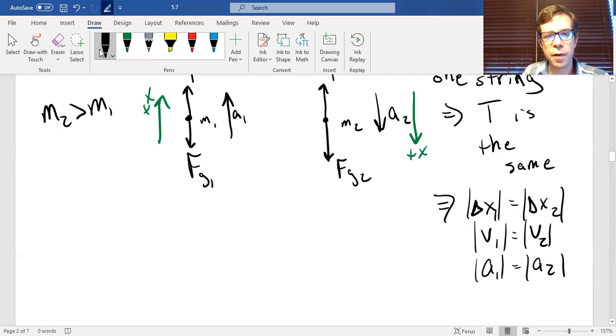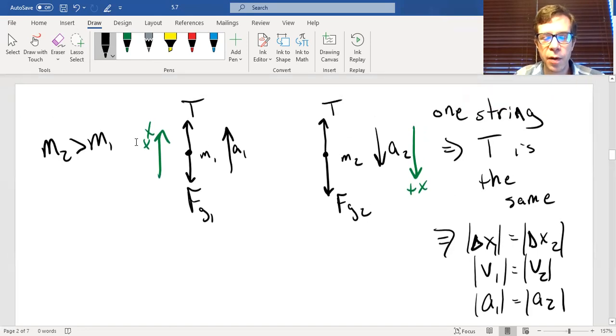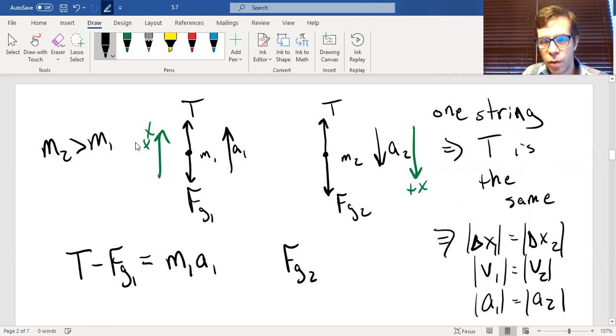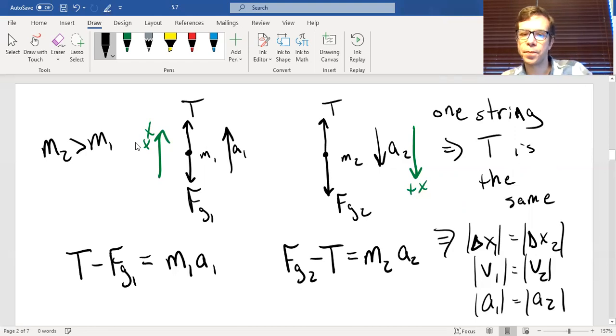So if I look at my free body diagram for mass 1, that means I get tension minus the force of gravity on mass 1 is equal to mass 1 times the acceleration. If I look at the free body diagram for 2, I call down the positive X direction. So that means I've got Fg2 minus the tension is equal to mass 2 times the acceleration.